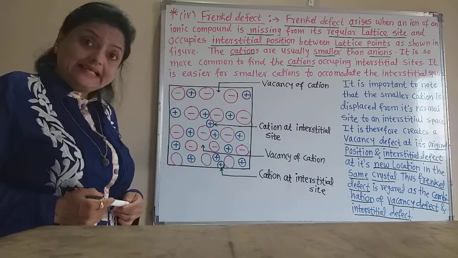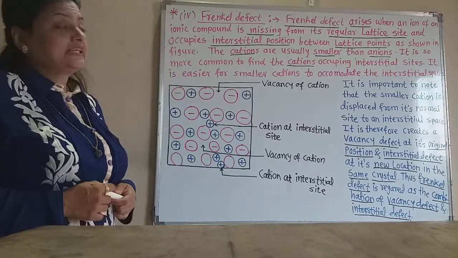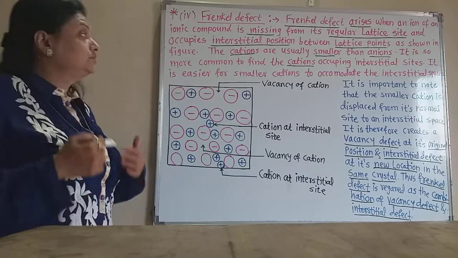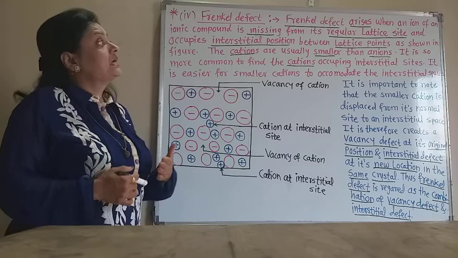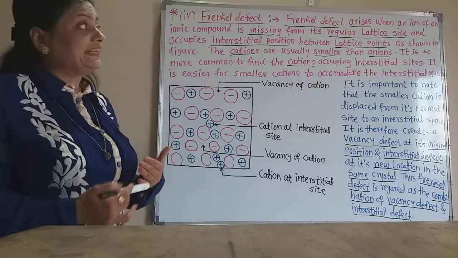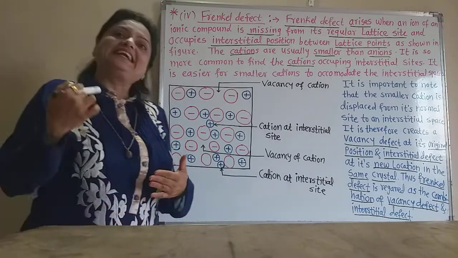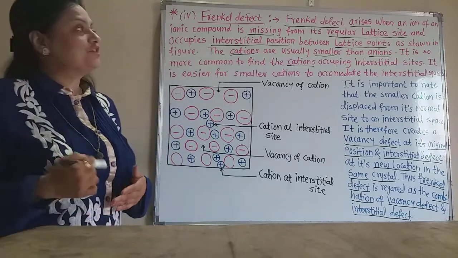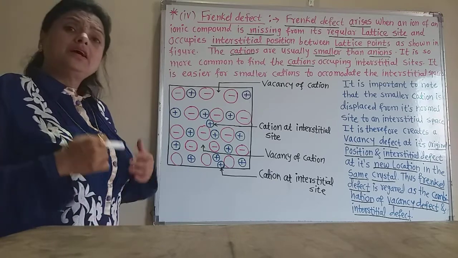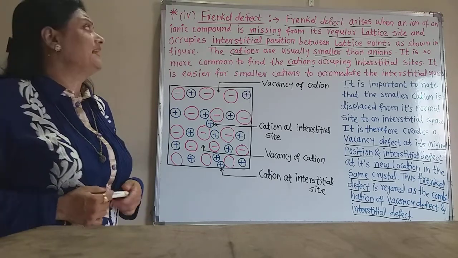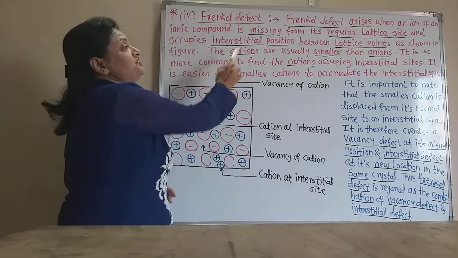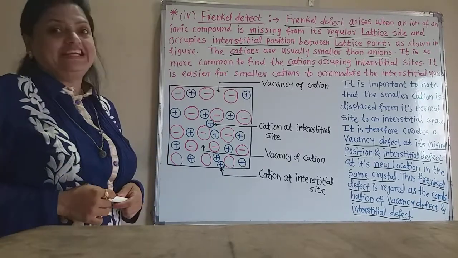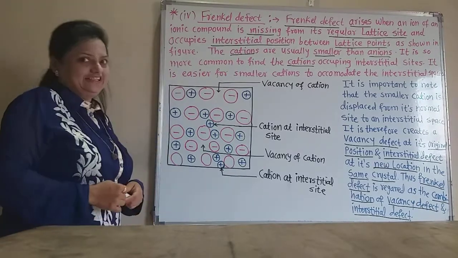Frenkel defect arises when an ion of the ionic compound is missing from its regular lattice site, and that ion is generally the cation, the positive ion. This positive ion or cation occupies an interstitial position between the lattice points, as shown in the figure.